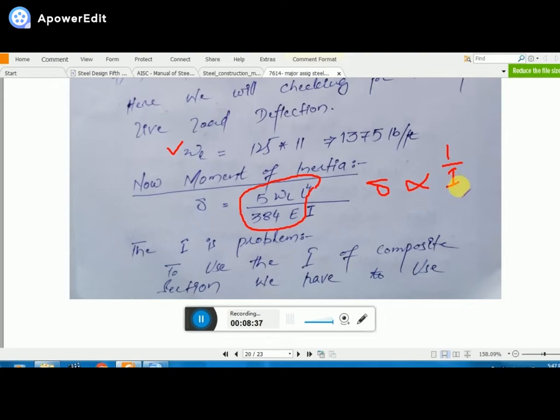In lecture number 1, I think so too, I talked about it a little bit. If you increase your moment of inertia, it will cause a decrease in your deflection, and similarly if you want to decrease your deflection, you have to increase your moment of inertia.